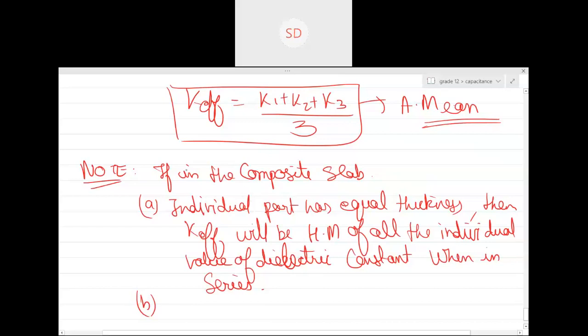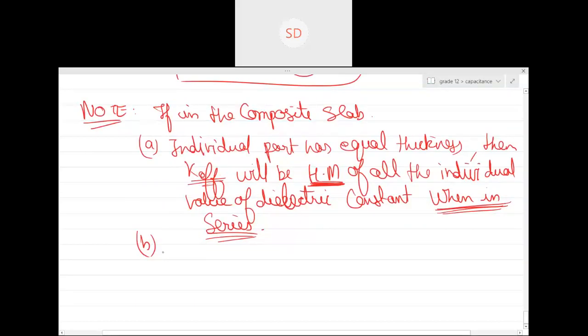Anyways, if it's composite, when in series, guys, please remember this K effective will become the harmonic mean. Are you getting my point? Yes, sir.